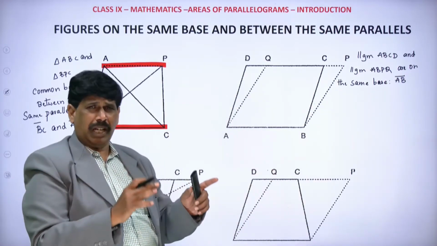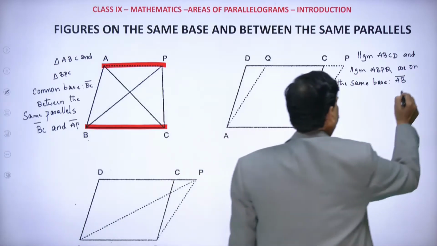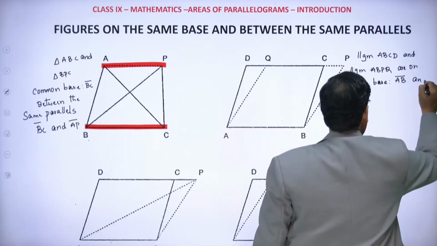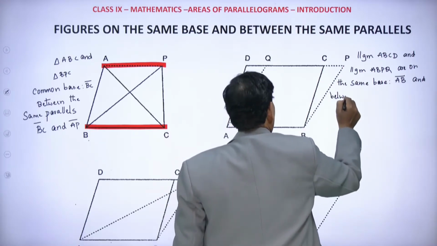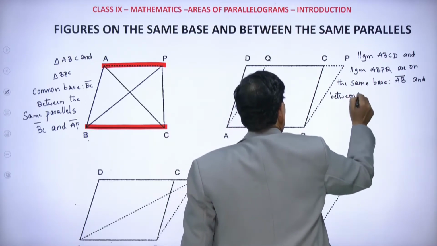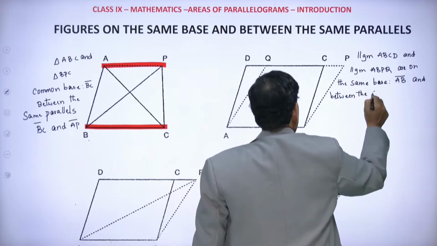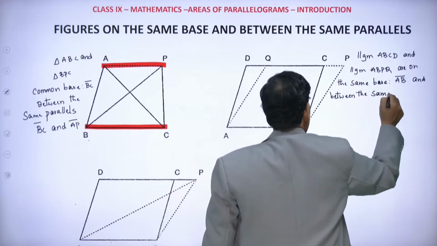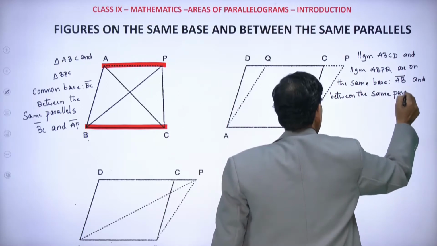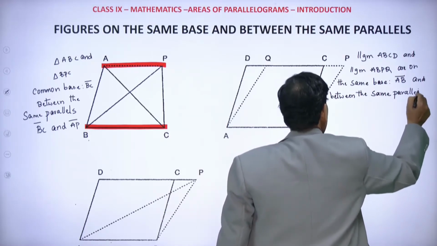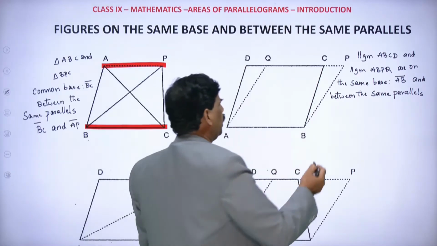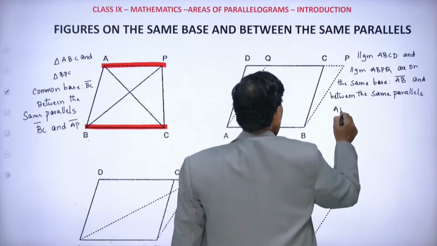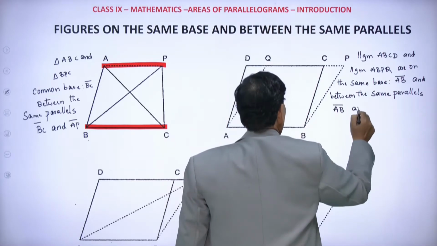Both of them are on the same base, and they are between the parallels, between the same parallels. So what are the same parallels here? AB and PD. They are between the same parallels AB and PD.